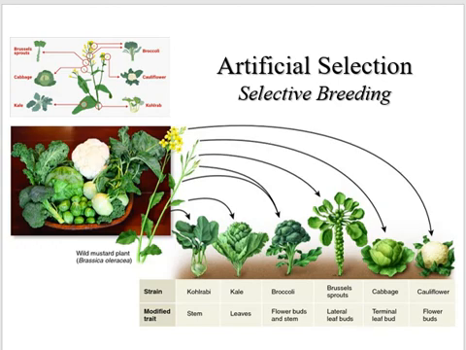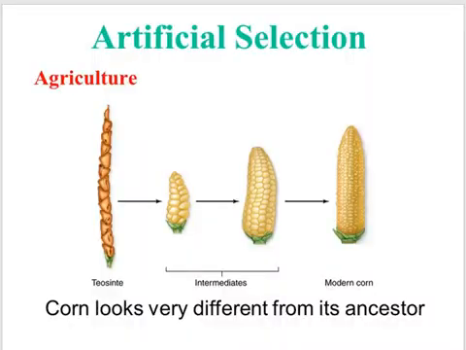And the result of such is essentially a narrowing of traits originally present from its ancestors. Right? You look at wild type corn or natural corn, it looks very different from what you buy in the grocery store, and that's because farmers have selected for certain traits from the original type that are desirable.